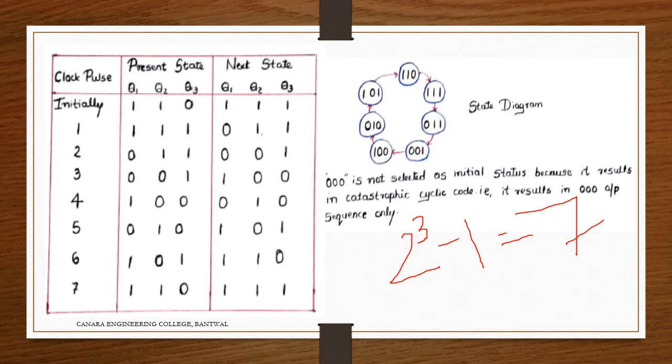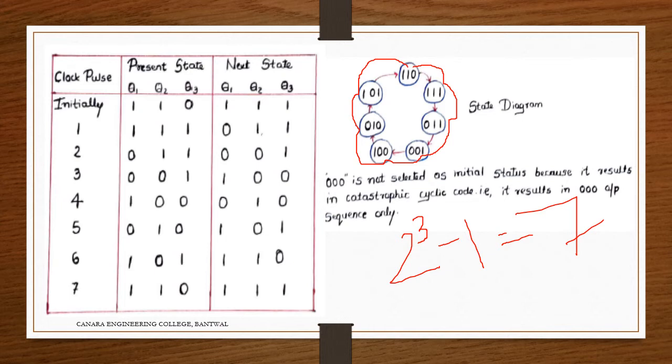That is the reason we can see 1 0 0, 1 1 1, 0 1 0 0 1 1, then 0 0 1. It's the same thing. If you start from 0 1 1 as the initial state, it will take the next state as 0 0 1, and go till here. Again in the 8th step, it is going to start with this one, like the same sequence will be followed.